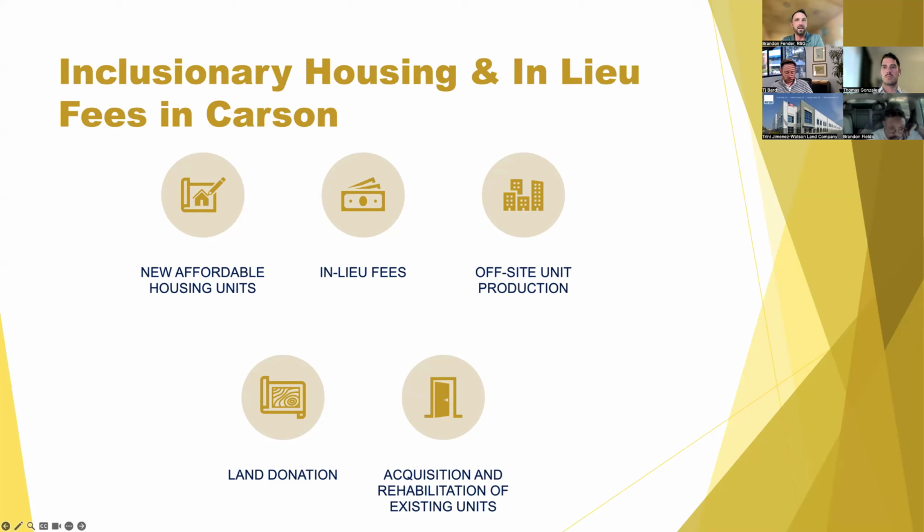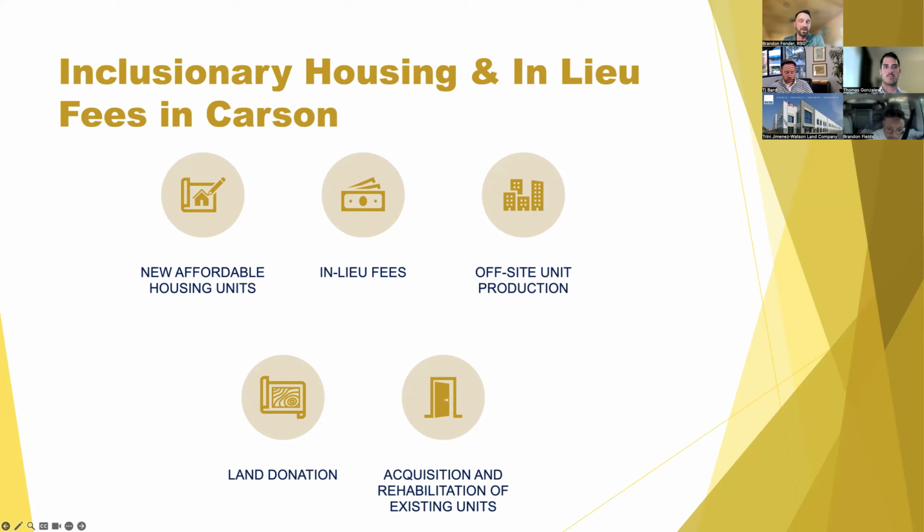And then the last is acquisition and rehab of existing units, sometimes known as housing preservation. In this alternative, a developer would acquire an existing housing development that is not necessarily affordable or restricted to affordable rents, and rehabilitate those units and designate them for low-income households.